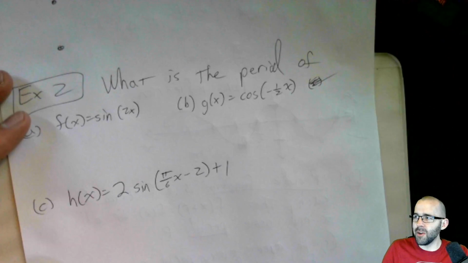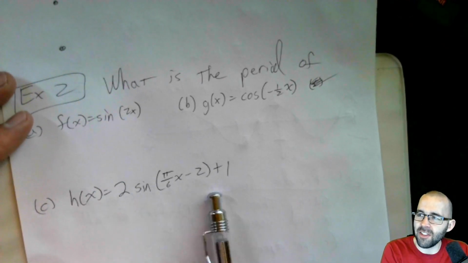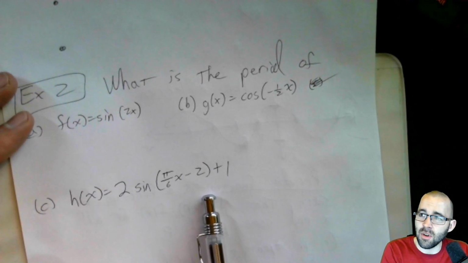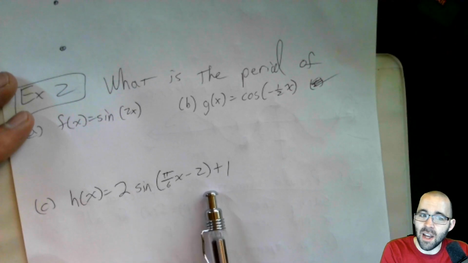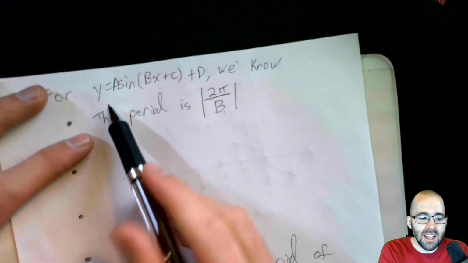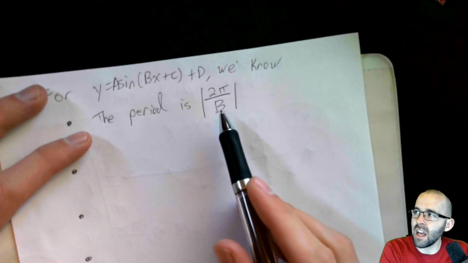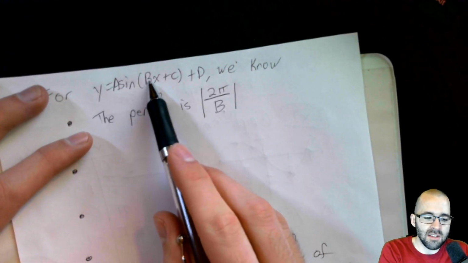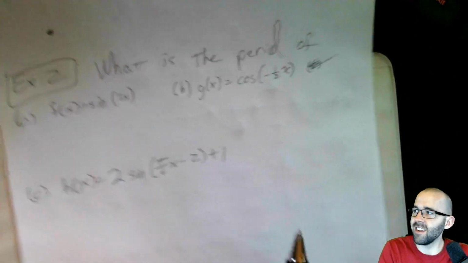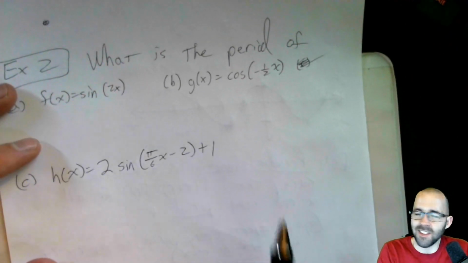You might say, whoa, slow down. We haven't talked about all these other things. And that's true. Because it doesn't matter, right? For any complicated sine function, the only value we need to look at for the period is the number next to the x. Okay?